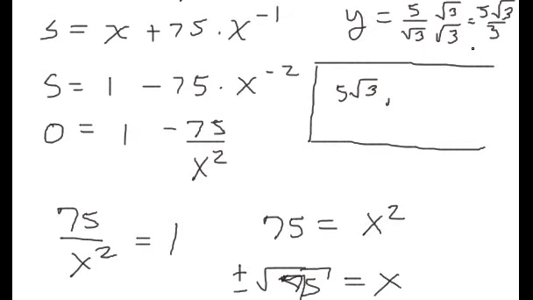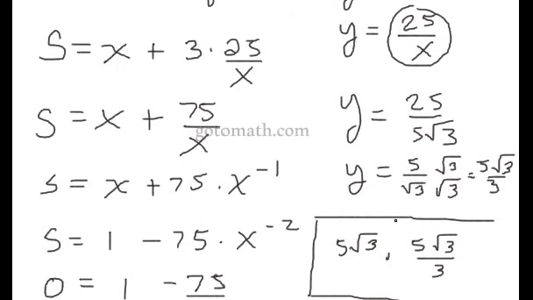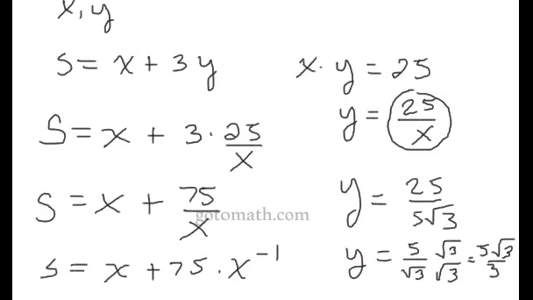And then our second number, or our y, is 5 square roots of 3 over 3. So these are our two positive numbers, right? And you can go ahead and plug those in a calculator and get an approximation if you would like.